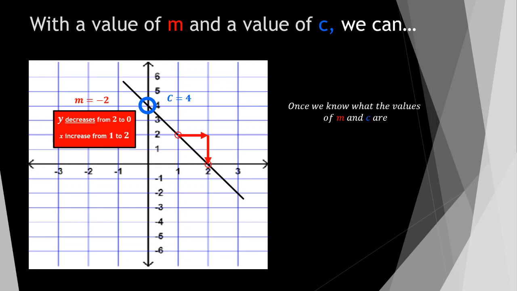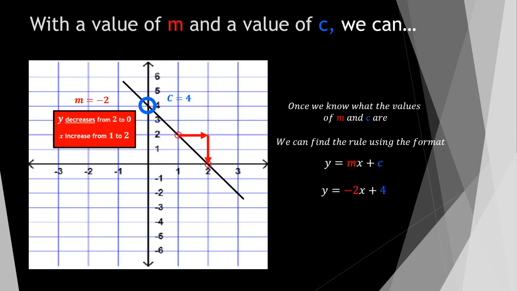And once we know what the values of m and c are, we can use the general format of the rule, okay, which is this, and we can create the rule. So in the end, our rule here is -2x plus 4.